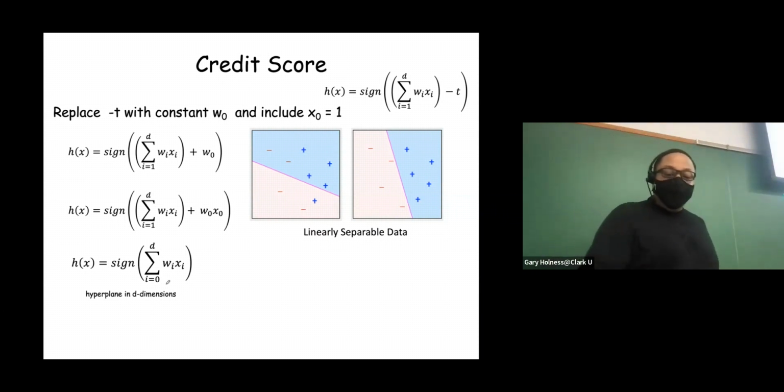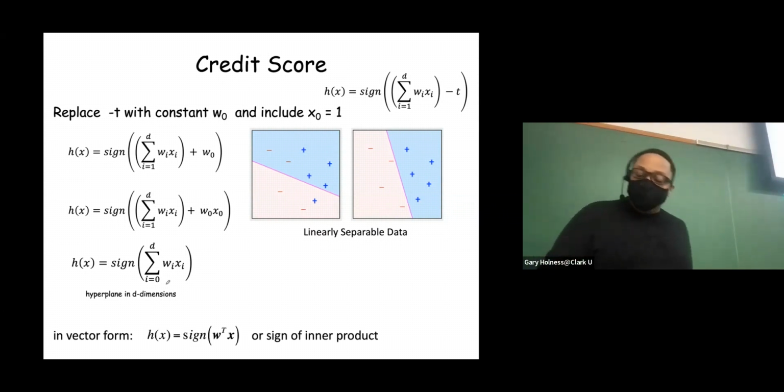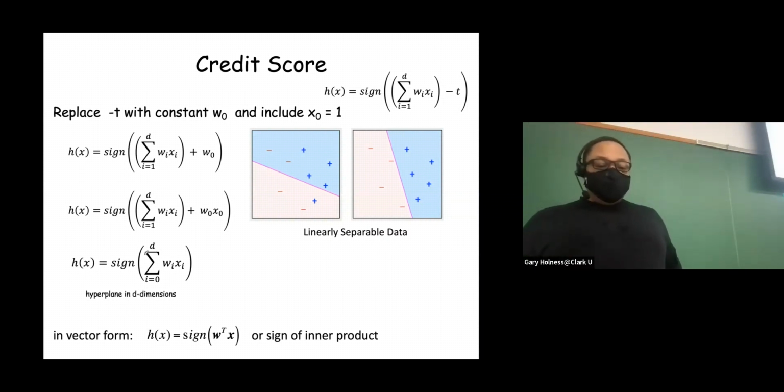Okay. And so now, using vector algebra, we can rewrite this weighted sum as just w transpose x. If we have our weight vector augmented, it consists of w naught, w1, up to and including wd.